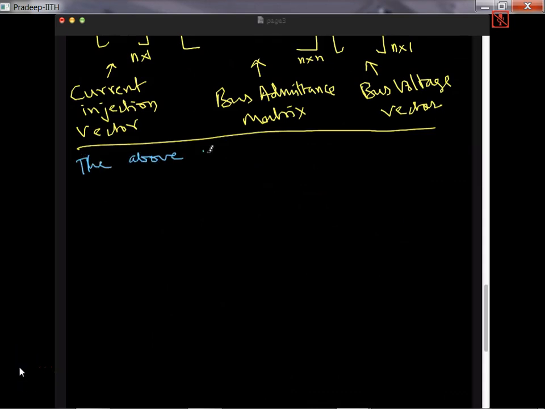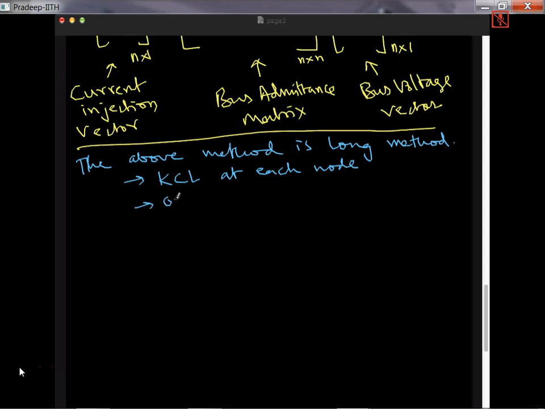The above method is a long process, a long method. So what you have to do is KCL at each node and then Ohm's law.